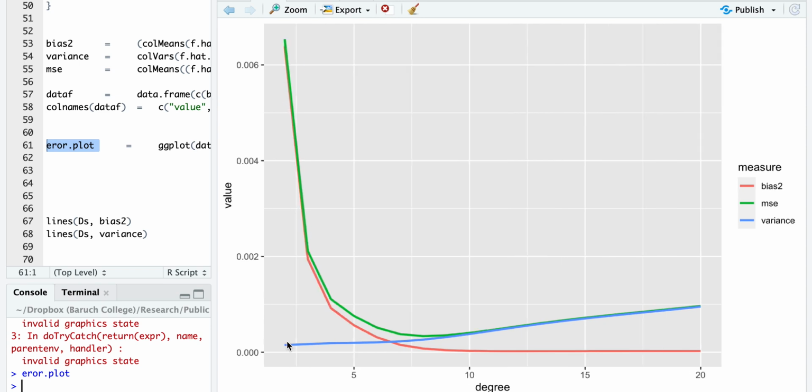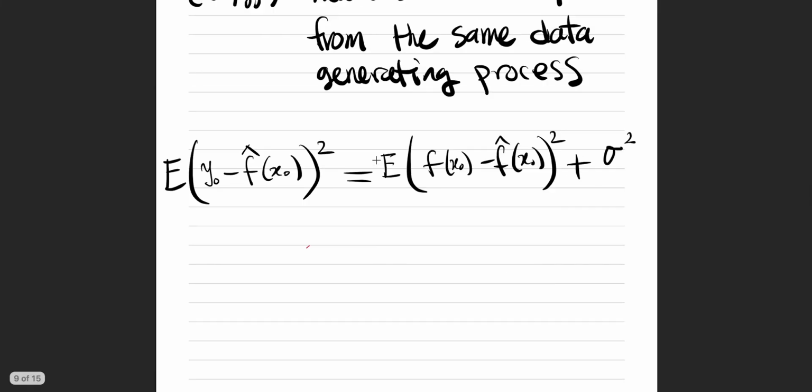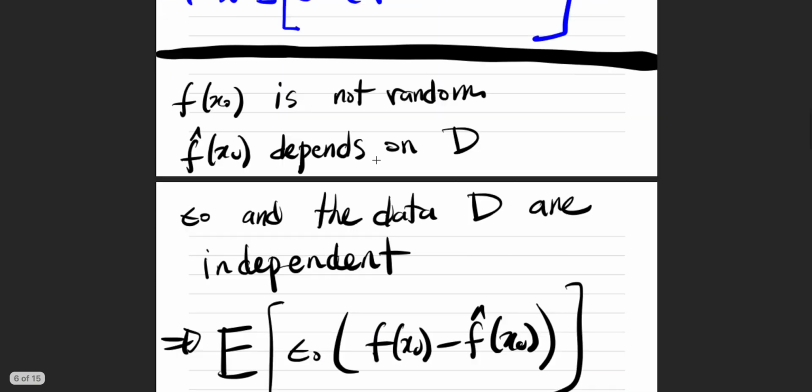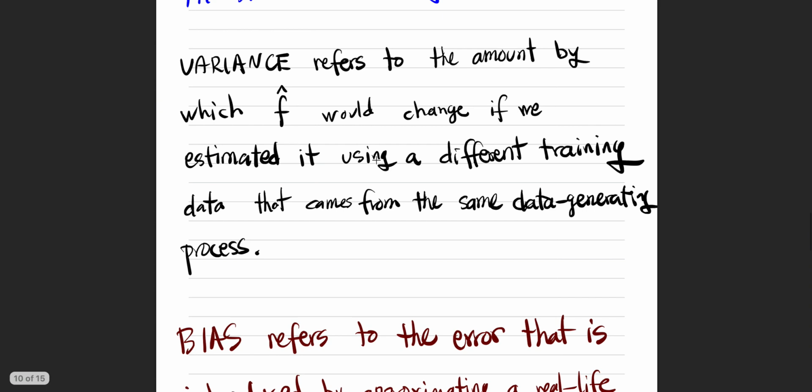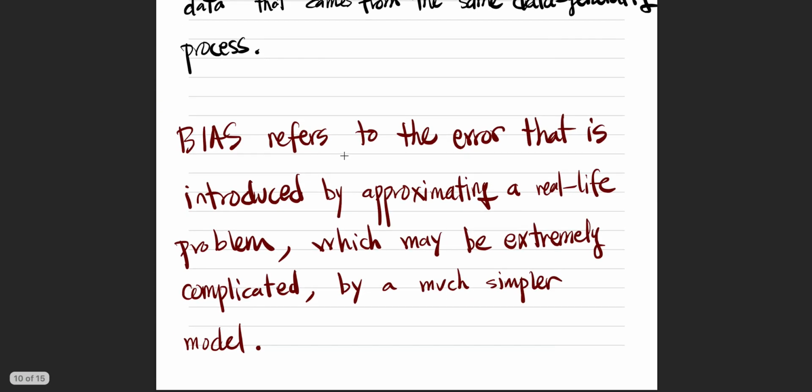Essentially what it's saying is that as you increase the degrees of freedom, as you increase flexibility, the bias reduces. As we increase flexibility, the error that is introduced by approximating a real-life problem, which may be extremely complicated, by a much simpler model, reduces.